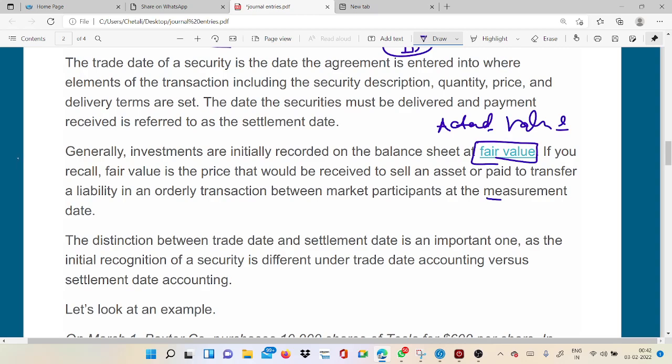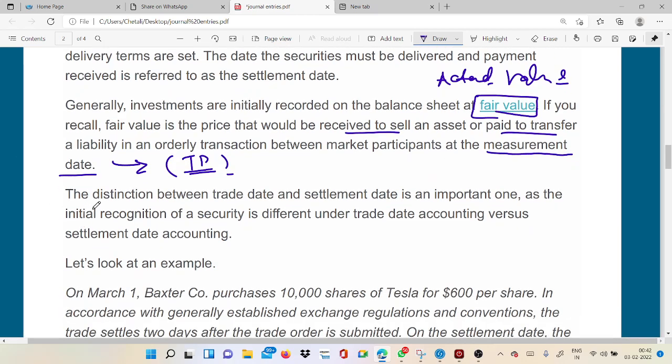This is also important because this activity of receiving something or paying to transfer happens on which date? On the trade date. The distinction between trade date and settlement date is an important one, as the initial recognition of a security is different under trade date accounting versus settlement date accounting.